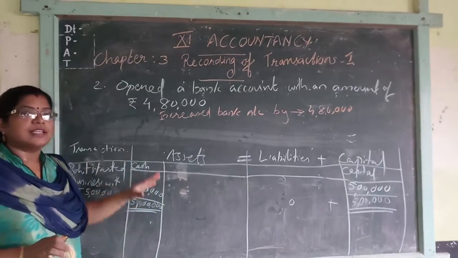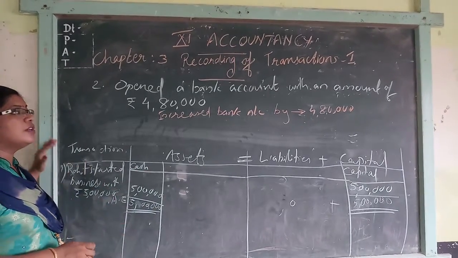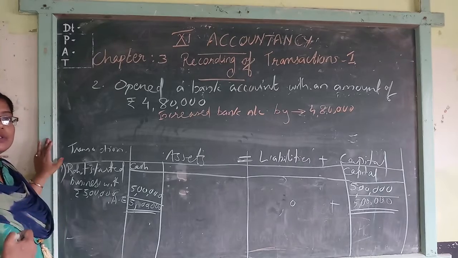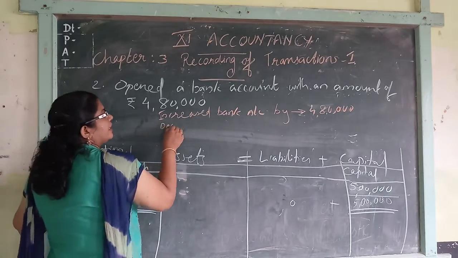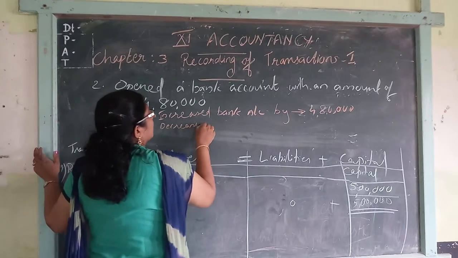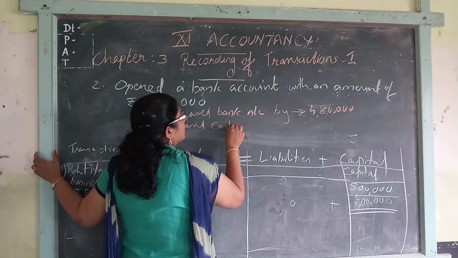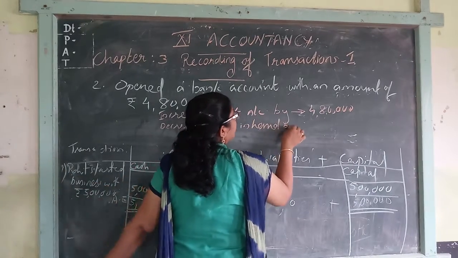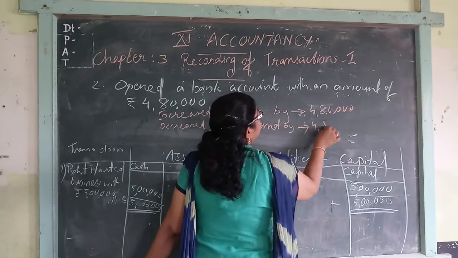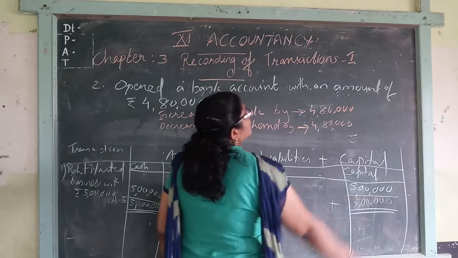Out of 5 lakh rupees, 4,80,000 was taken from cash and deposited in the bank account. So the second effect is that cash in hand decreased by 4,80,000 rupees. Clear?